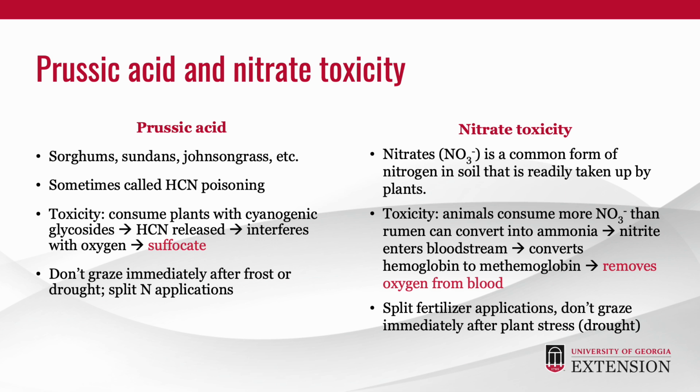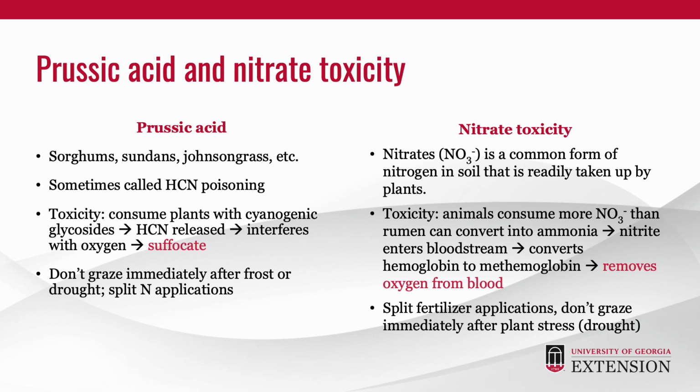The hydrogen cyanide is released and it interferes with the oxygen, which creates the animal suffocating. To avoid this, we don't want to graze immediately after a drought stress event or a plant stress event like drought, and split those nitrogen applications across the season.